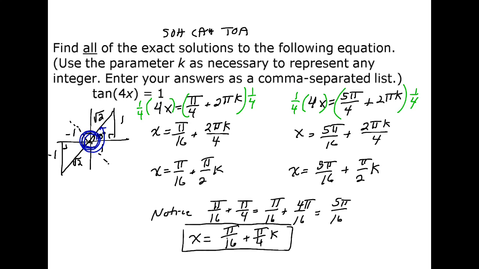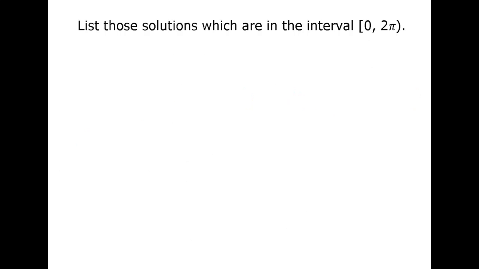So let's go ahead and take a look at finding the answers that lie between 0 and 2 pi. So let's do that on the next page. We'll write this down: pi over 16 plus pi over 4k. And then we'll let k take on the integer values until we get outside the 2 pi range.